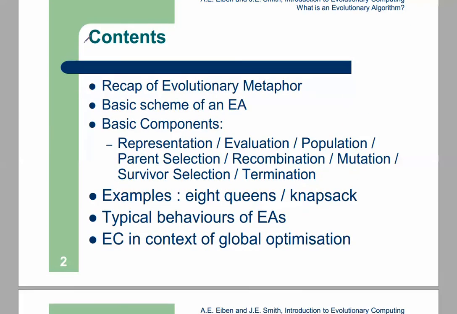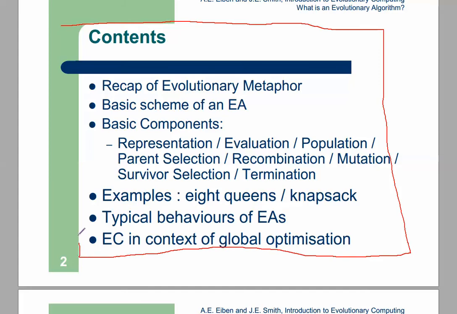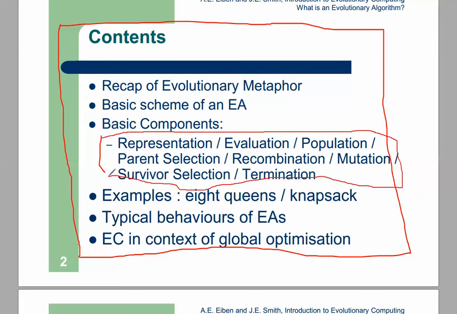This page is the most important page of this lesson in all the section, and you must keep in mind that each EA algorithm contains these 8 parts: representation, evaluation, population, parent selection, recombination, mutation.